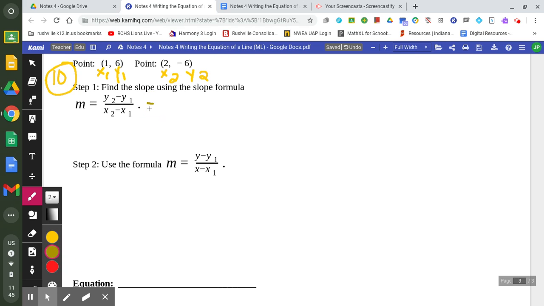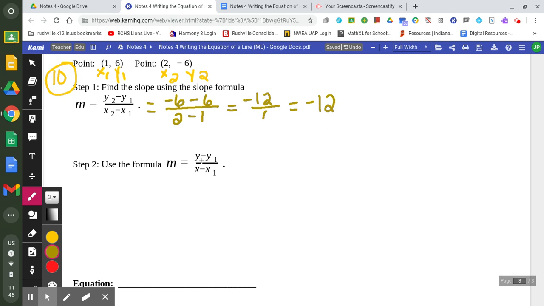So m equals, my y2 is negative 6 minus my y1 is 6 over x2 is 2 minus x1 is 1. So negative 6 minus 6, use your calculator if you need to, negative 12 over, and then I've got 2 minus 1 is 1. And so I simplify that to negative 12.